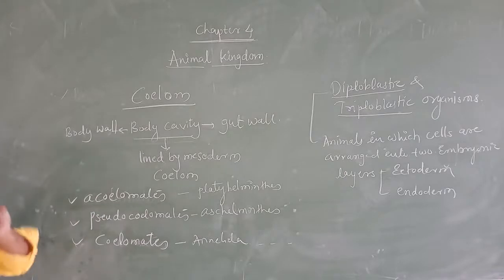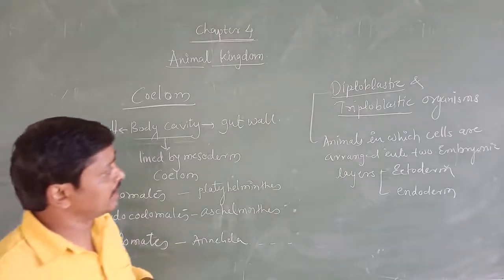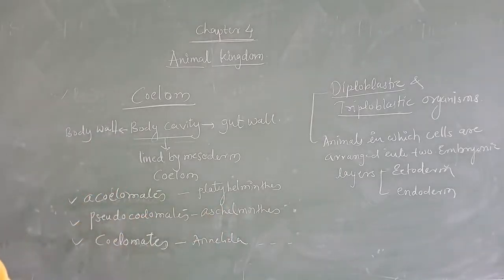Now, what is going to happen? Here, an undifferentiated layer, mesoglea, is present in between the ectoderm and endoderm.